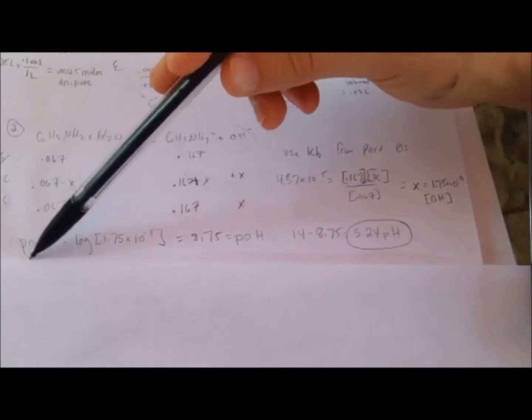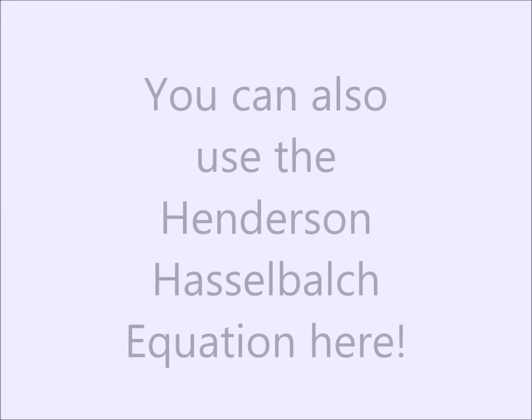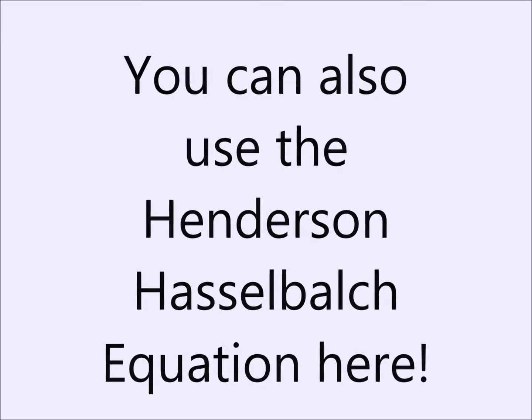Now that we have the molarity of the hydroxide, we can go back to that pH scale equation and find our pH. So we need to find our pOH first. Since we have the hydroxide, we take the negative log of 1.75 times 10 to the negative 9, and that gives us 8.75 for our pOH. In order to find our pH, we subtract from 14, and our pH is calculated to be 5.24.